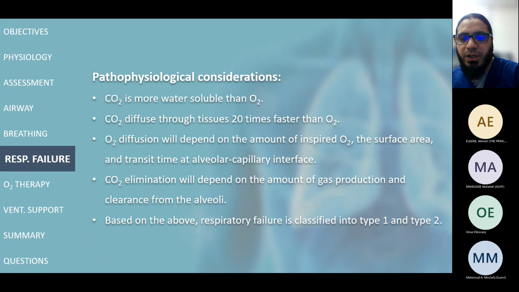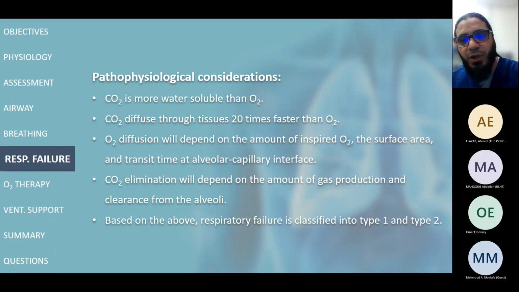But CO2 is a much nicer gas, and it just needs less surface area and less time, and it will diffuse easily from the blood to the alveoli. But it still needs clearing from the alveoli, which we call ventilation.